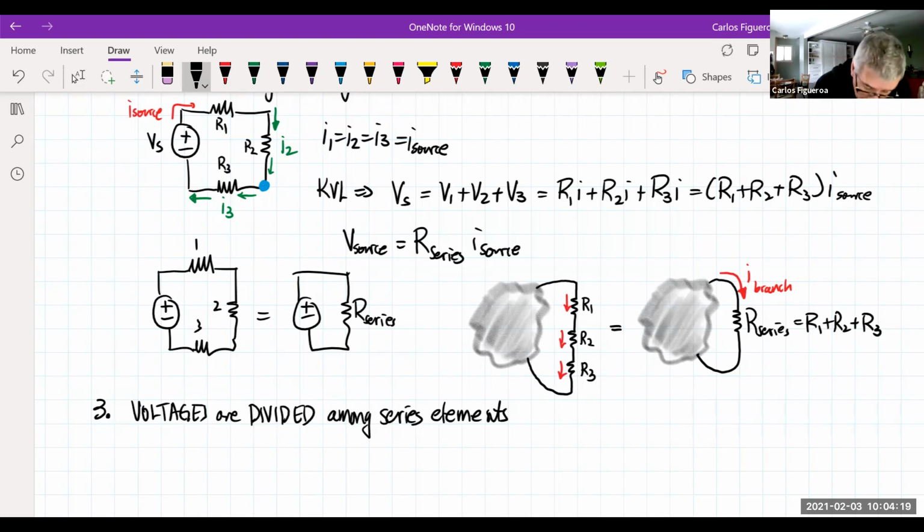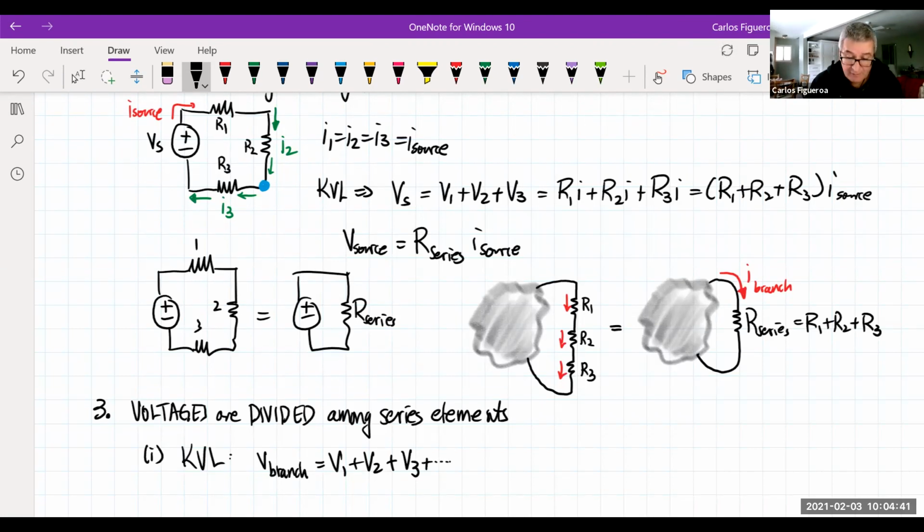One way is KVL. So if I look at KVL, what you're going to find here is that the voltage of the branch is going to be the sum of the voltages in that branch, however many there are.